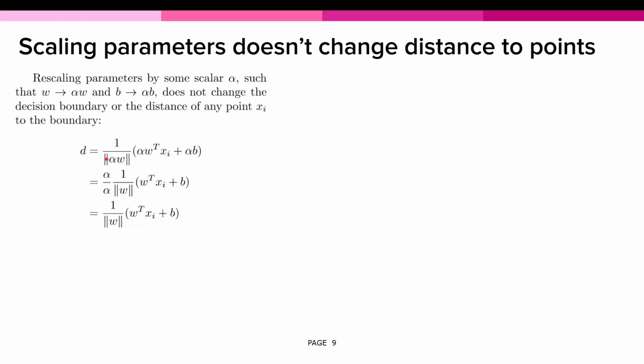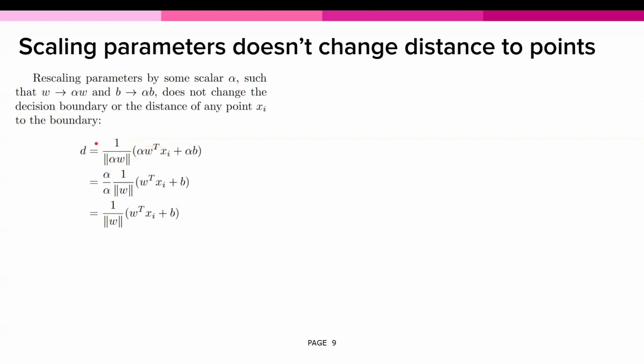In these equations on the left here, this is the distance calculation that we saw earlier, but now we've applied a scaling factor to W and to B at the same time. If we apply it to W, then we also need to incorporate it inside the norm of the weights.